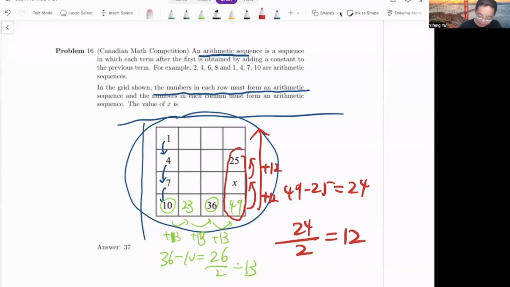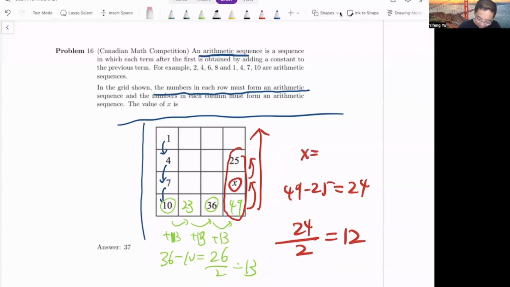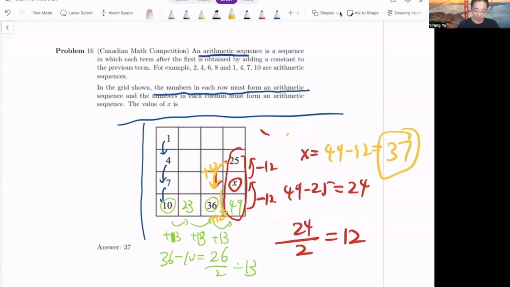Or you can do it the other way: this is minus 12, or you add 12 here and add 12 there. Then we get x. The x will be 49 minus 12, which is 37.